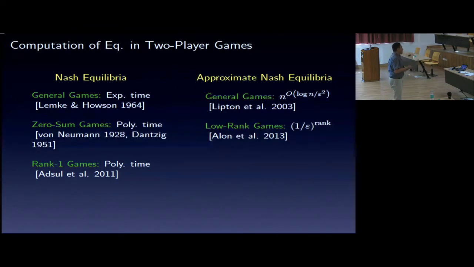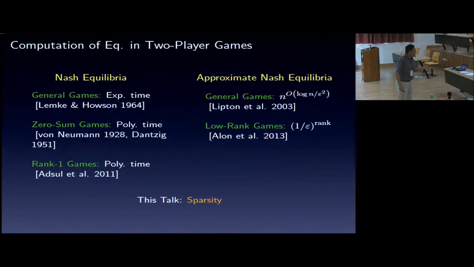The result I'll talk about now contributes to this line of work and looks at a very natural complexity measure of games, the sparsity of the game. I'll formally define what I mean by sparsity. The result says that if the game is sparse, it's near zero sum, then again you can find an approximate Nash equilibria efficiently, and at the other end of the spectrum, you can also recover the general quasi-polynomial time bound of Lipton et al.